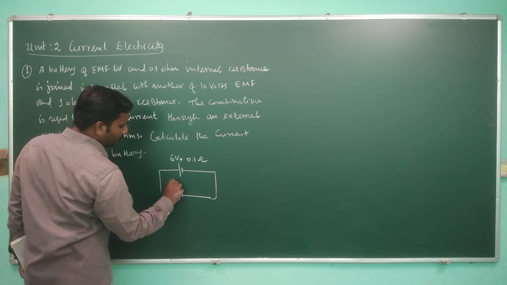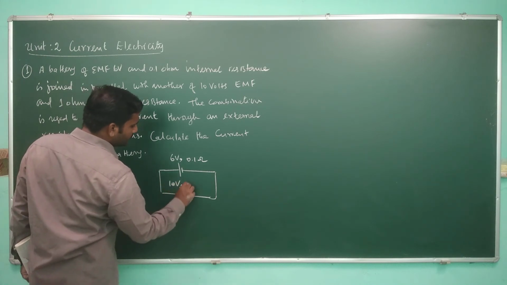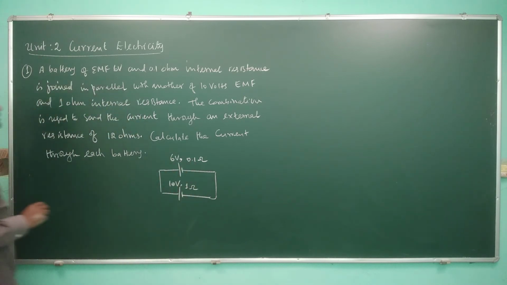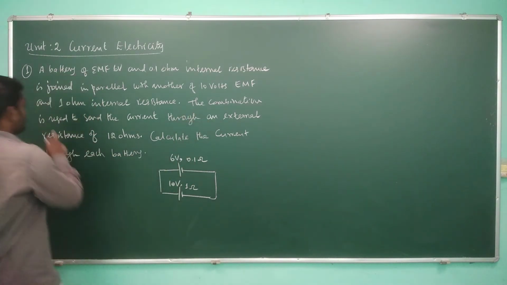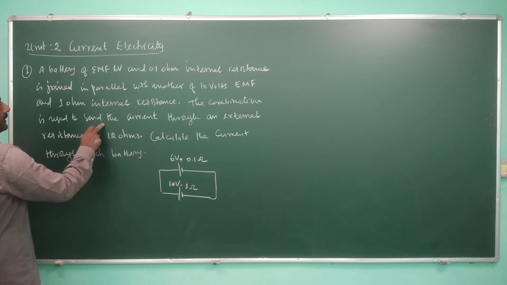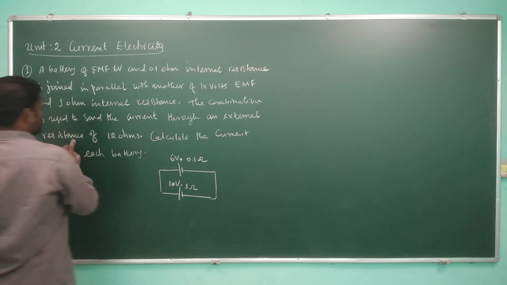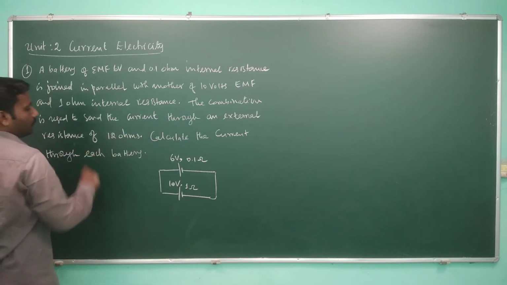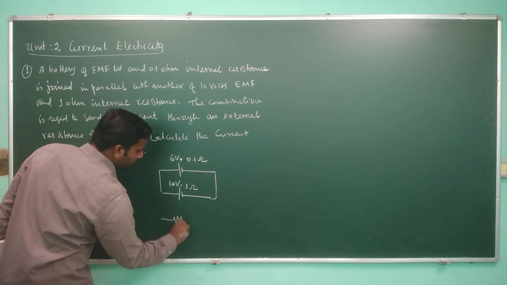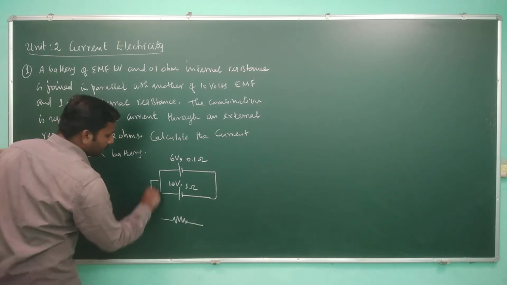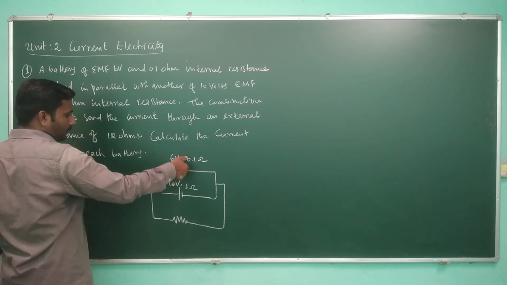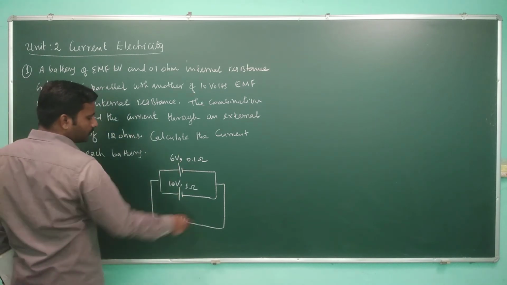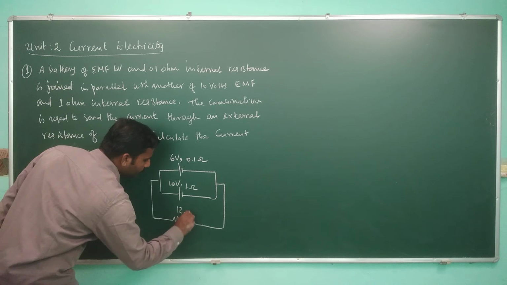The combination is used to send the current through an external resistance of 12 ohms. So the current from this combination is going through this resistance whose value is 12 ohms.